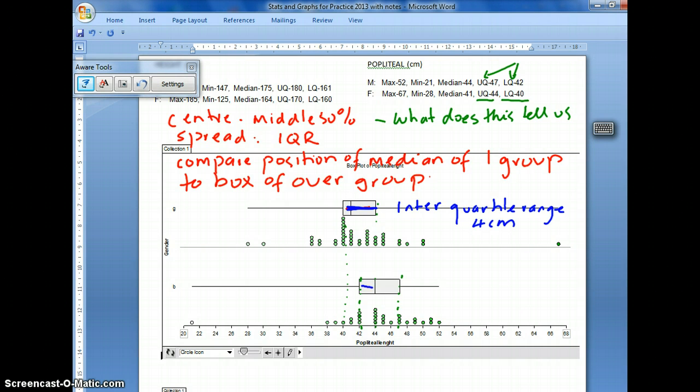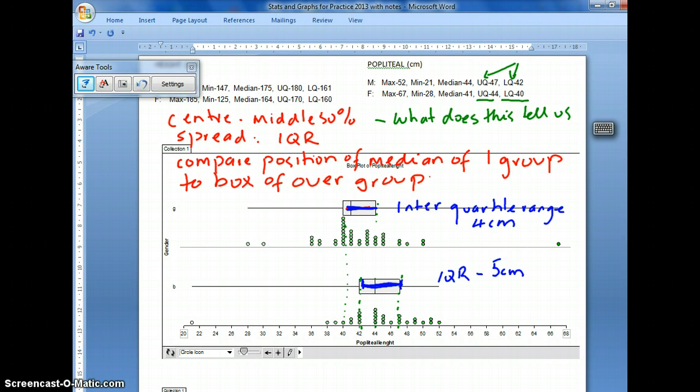And for boys, the interquartile range is here, and this is where we expect their population median to be for all boys, somewhere between here and here. Interquartile range for boys, I'm just going to shorten that to IQR here, is from 42 to 47, so that's 5 centimetres.